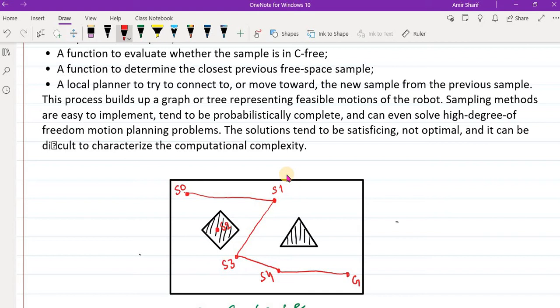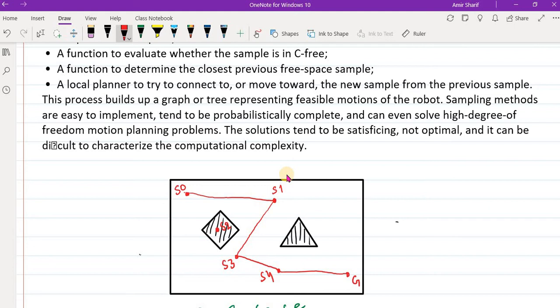And otherwise, if you finish sampling after some time, then you just connect your goal with the last, nearest sample. And so now you see that if you connect all of these samples, this will give you the shortest path from start to your goal location.